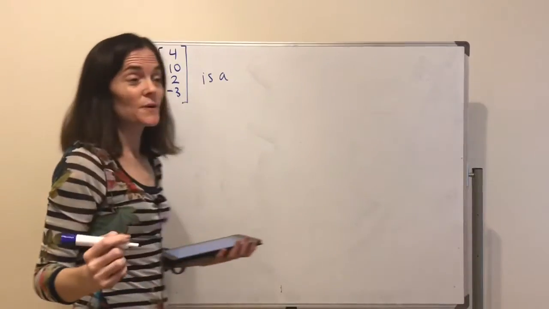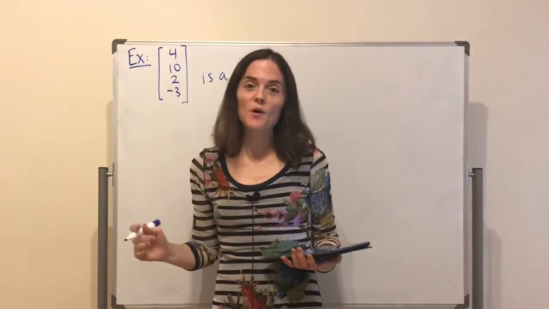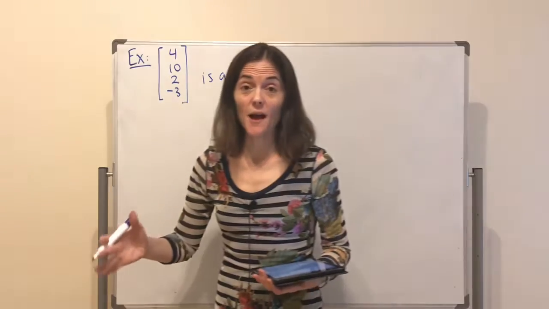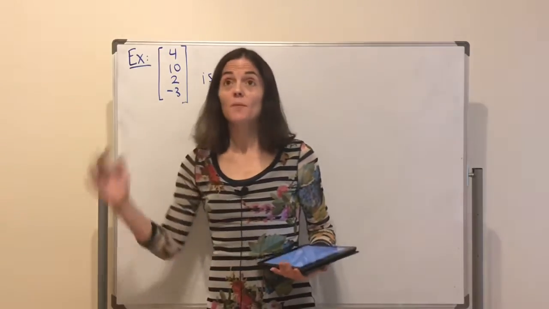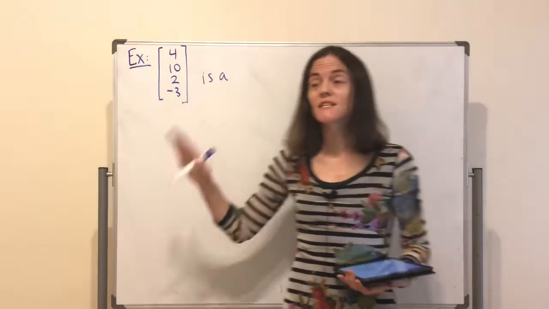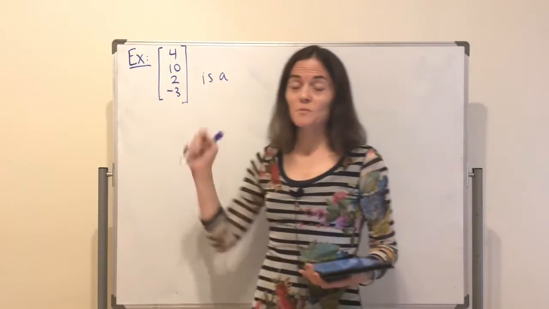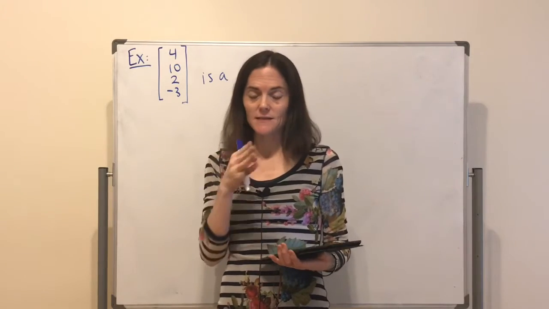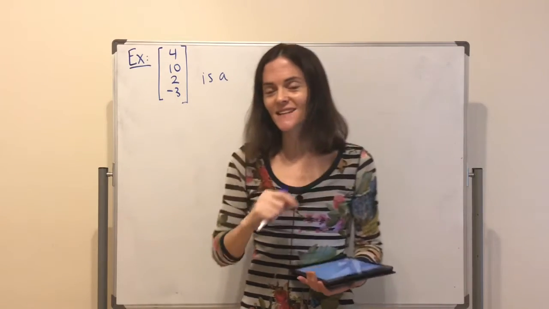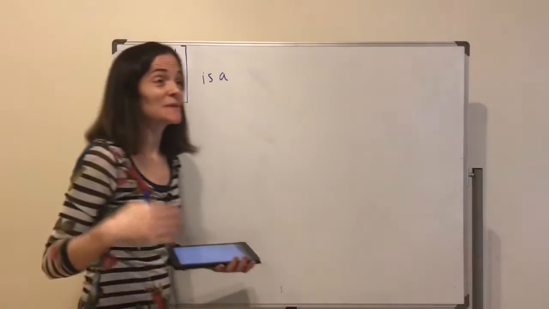I'd like to do another example of this notion of linear combination. Remember down here, the definition was some vector B is a linear combination of some collection of vectors, provided you can find constants such that B is the sum of the constants times the vectors. Okay, so I just want to do an example like this.